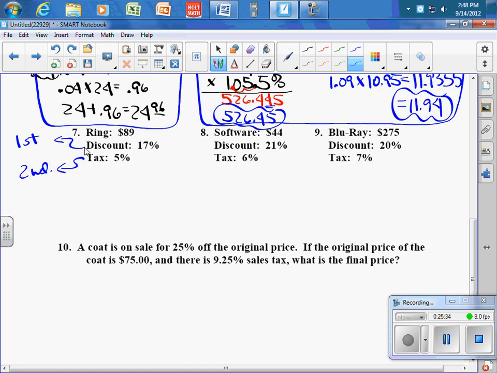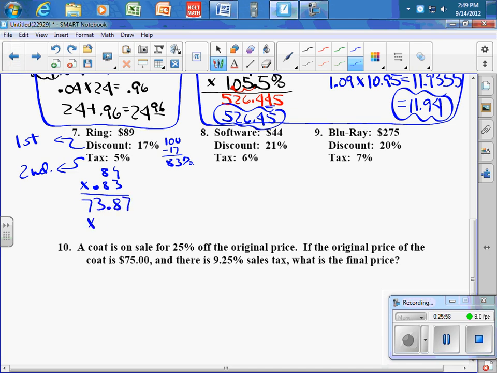For a ring costing $89 with a 17% discount, 100 minus 17 is 83, so we'd actually be paying 83% of the $89. So 0.83 times 89 is 73.87.